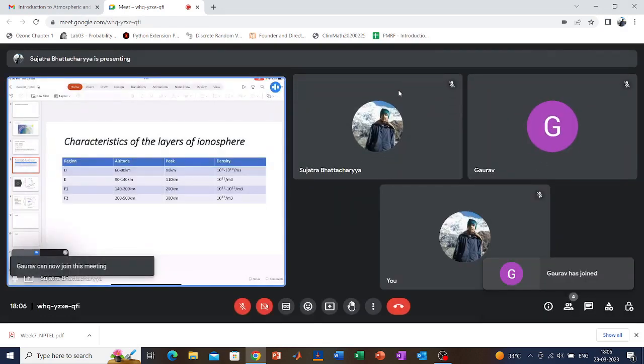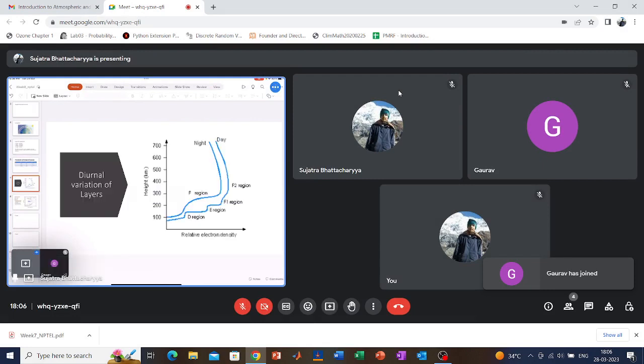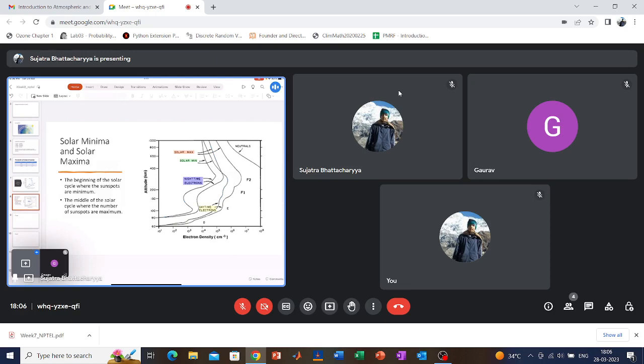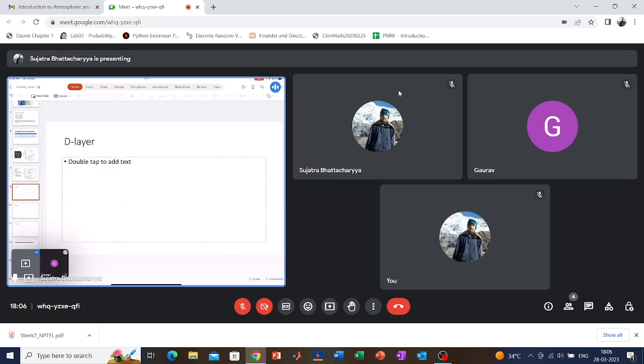Different layers of the ionosphere and how they are defined, and during the daytime and the nighttime, what is the diurnal variation. Then in the solar minima and the solar maxima, what are the variations, and some small characteristics I will give in the D layer, E layer and F layers, and some small numericals which will be helpful for assignment solving.